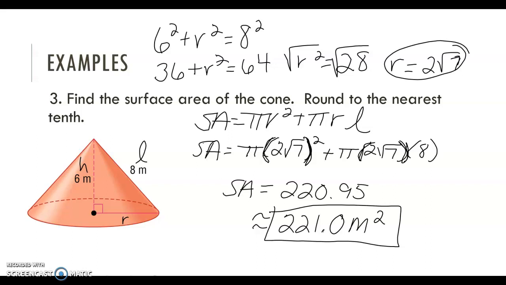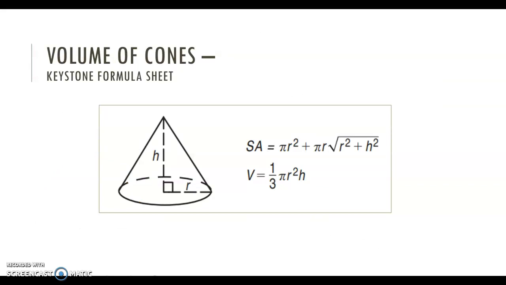Okay? Let's go ahead and move on to volume of cones, also within this video. So here's your Keystone formula sheet again. Now we are looking at the volume. So the volume of the cone is going to be 1/3 pi, the radius squared, times the actual height of the cone.